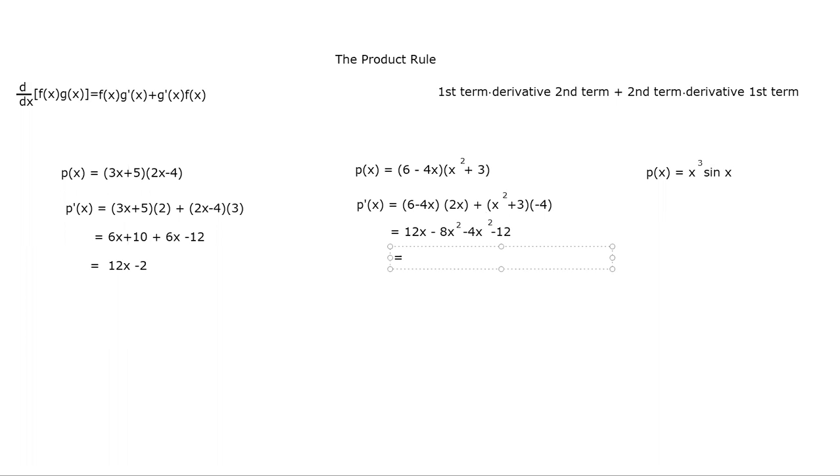Of course, when we write polynomials, we always want to write them from the highest degree to the lowest degree. So this will be a negative 12x squared, which I'll put in, plus 12x, and then minus 12.